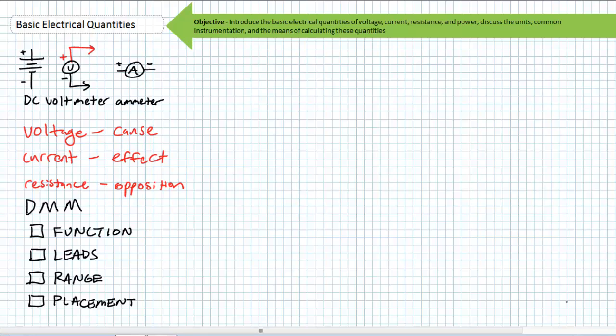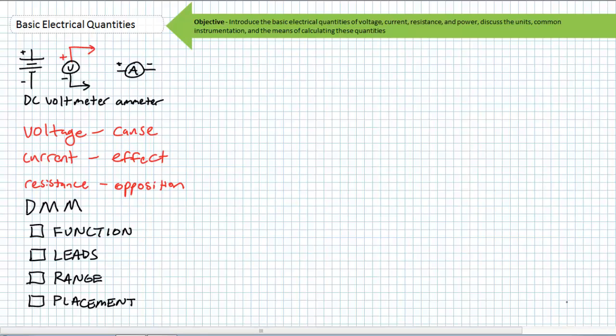It makes it sound like you're really techy and smart, even if you know nothing beyond this abbreviation. The DMM is a single meter that has multiple, hence the term multi, mode settings. It has flexible leads that plug into holes on the meter. Typically the black lead goes into the black hole and the red lead goes into the red hole. You'd be surprised how many people mess this up under stress.